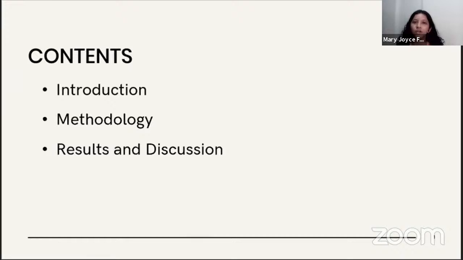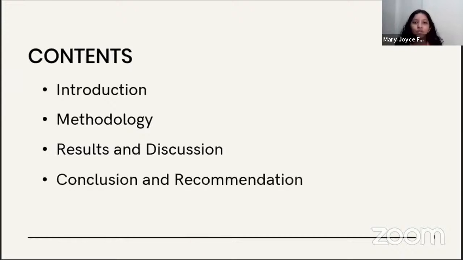After formulating the model, how can we validate the model? What was the outcome? Then the conclusion and recommendation, which maybe would be a great help for future research for some improvements.